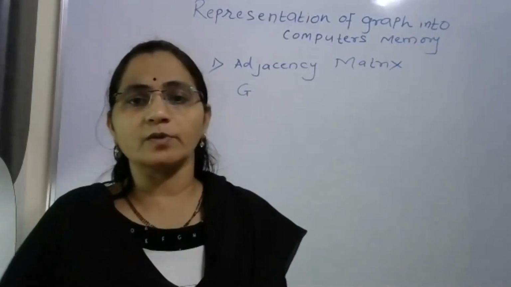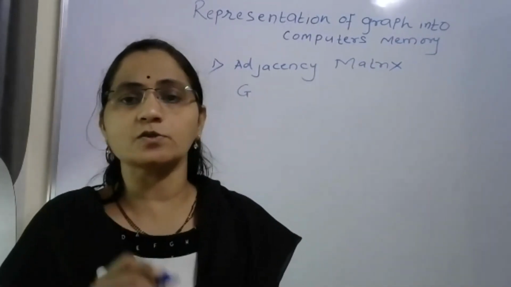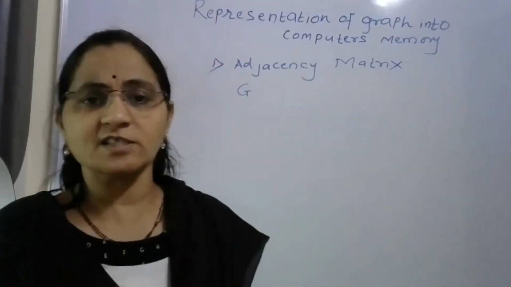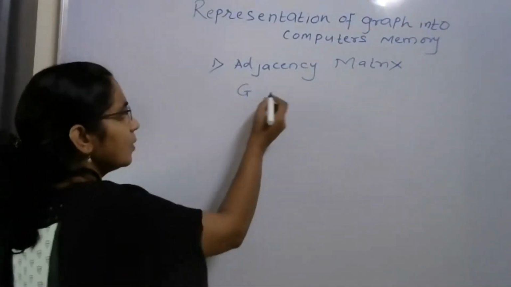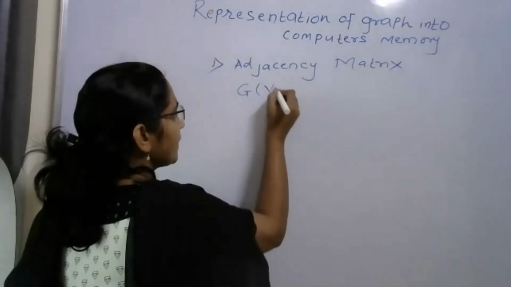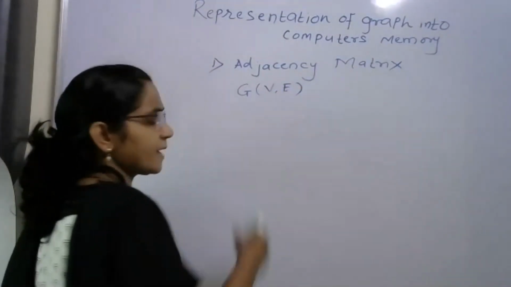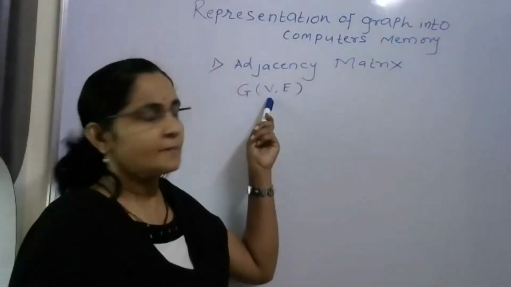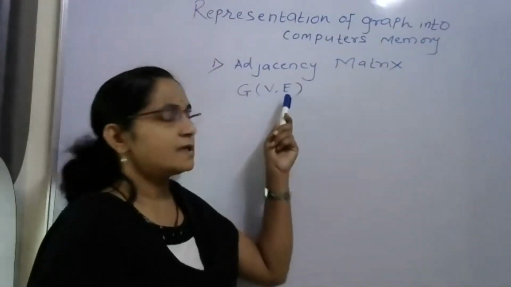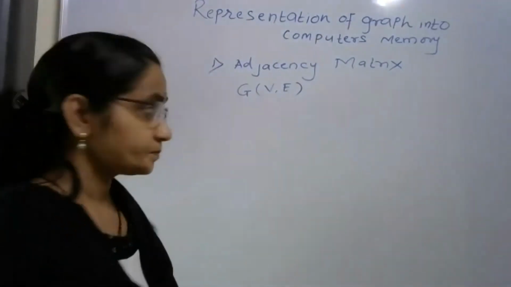But before going to actual how to represent, first you understand the definition of adjacency matrix. Suppose G is any given graph with a set of vertices and a set of edges. What is capital V? Capital V means the set of vertices, and E is the set of edges.